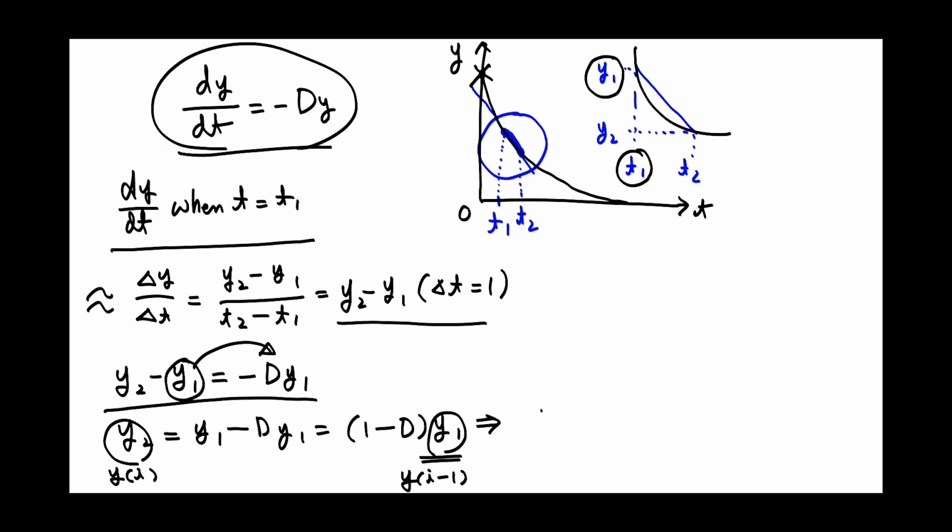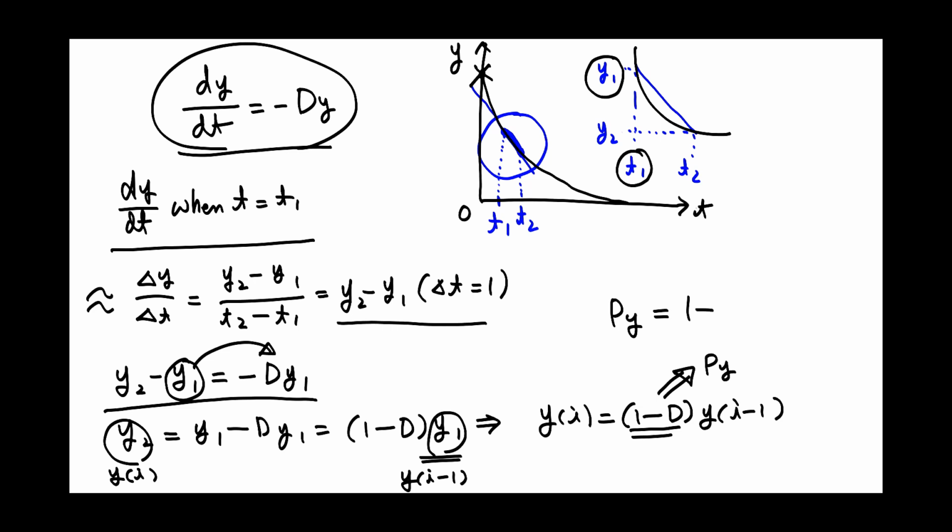We have y of i is equal to 1 minus D times y of i minus 1, right? And if you call this p sub y, then we have the difference equation that we had before. So we see that this p sub y is equivalent to 1 minus D from this expression.